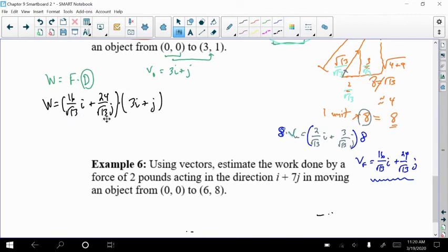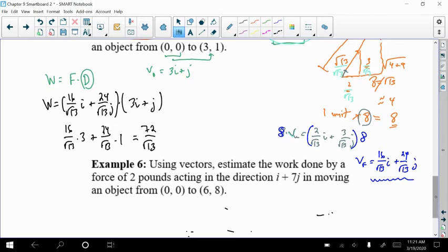And so I have 16 over root 13 times 3, no more i's anymore, plus 24 over root 13 times 1. So 16 times 3 is 48, and then 48 plus 24 is, I believe, 72 over root 13. And that would be units of work.